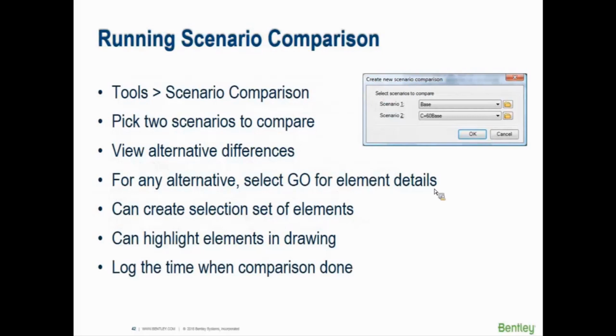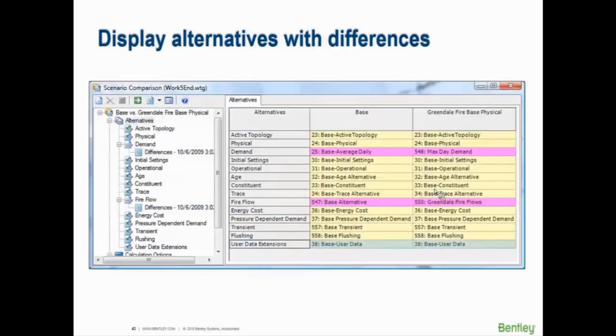To do that, you'll go to Tools, Scenario Comparison, pick the two scenarios you want to compare, and press OK. What it'll first do is flash up on the screen and show you, okay, Mr. Modeler, Miss Modeler, your demand alternative and your fireflow alternative are different. These two are different. Okay, great.